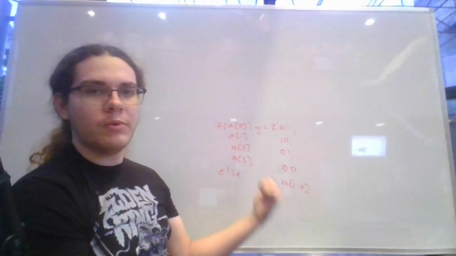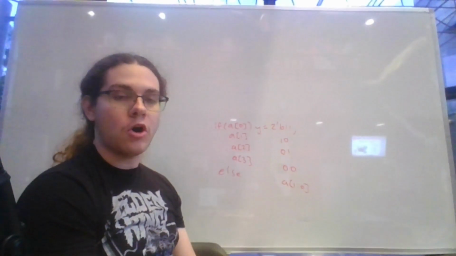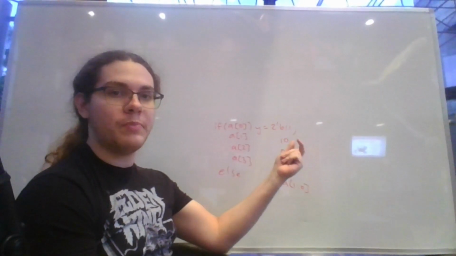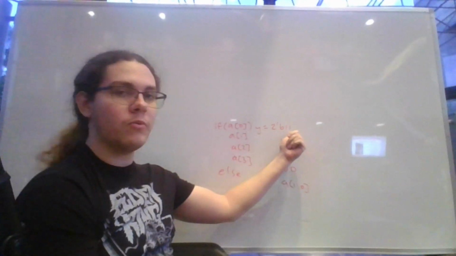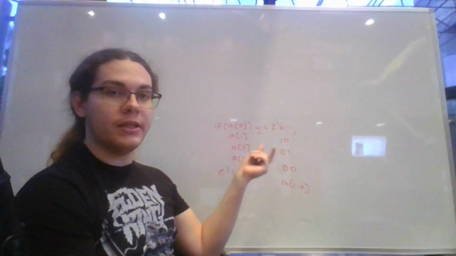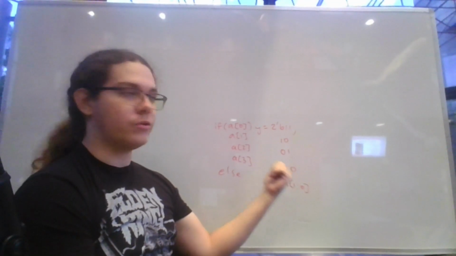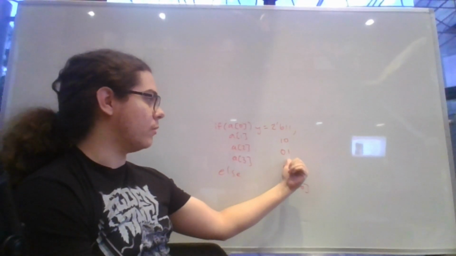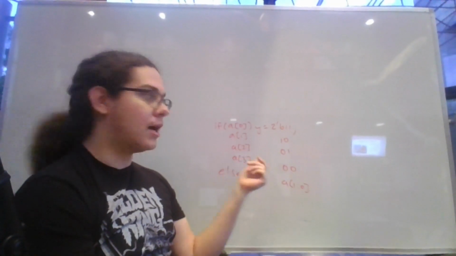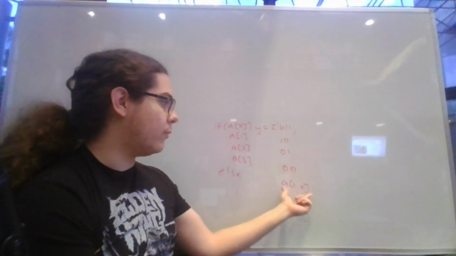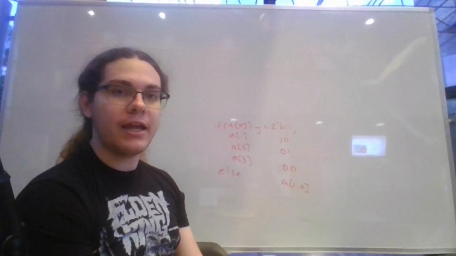So this is basically what the code is spelling out. If the bottommost bit 0 is on, then we output 1, 1. If that's off, but the next one's on, then we output 1, 0. If both the bottom two are off, but then the third one's on, then we output 0, 1. And then if all of them are off except the top bit, then we output 0, 0. And if none of those are true, then we output the bottom 2 bits of A.